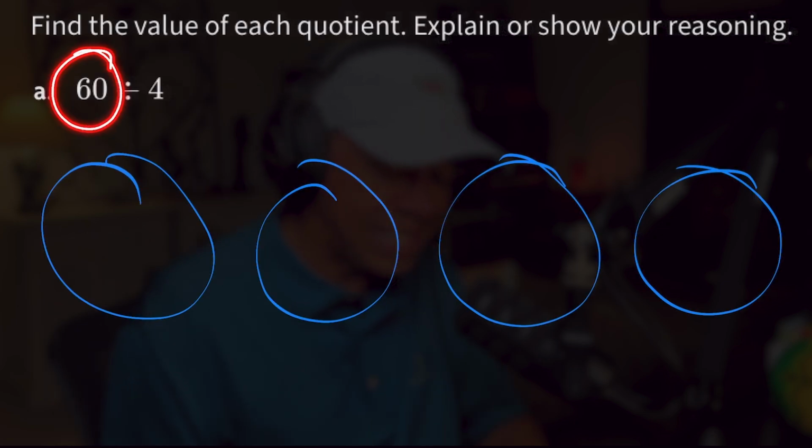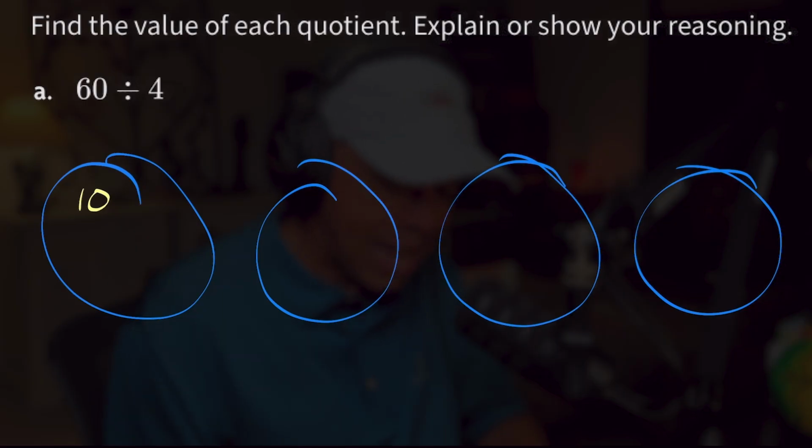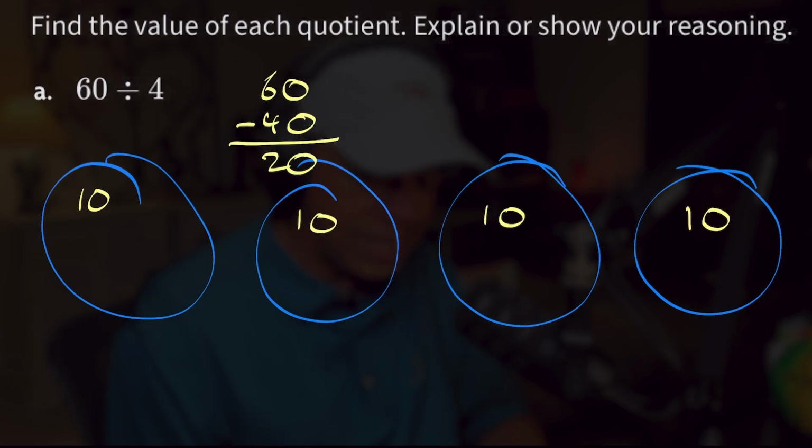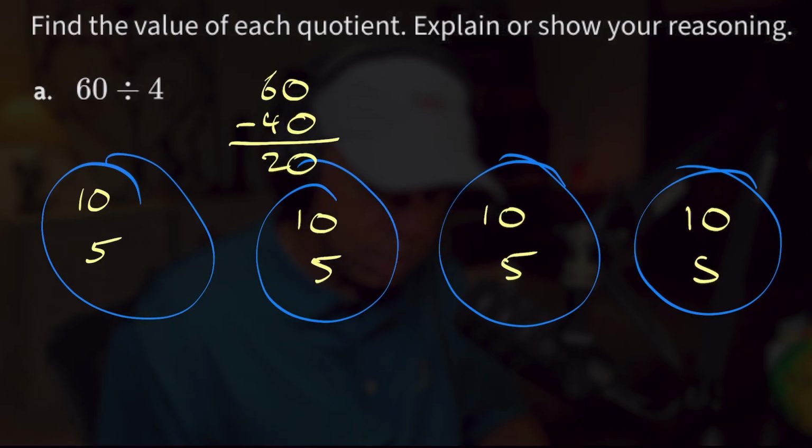With a dividend of 60 and 4 groups, I'm going to begin by giving 10 items to each group: 10, 20, 30 and 40. In that I started with 60 and I passed out 40, I know I have 20 items left. Well, if I gave 10 to each one, that would get me to 40 again, so I'm going to go with another 5. 5, 10, 15, and 20.